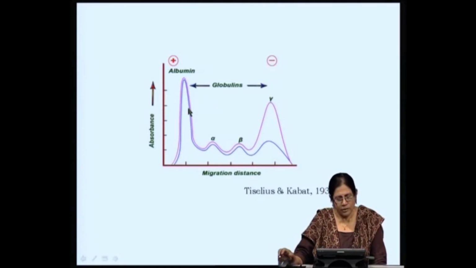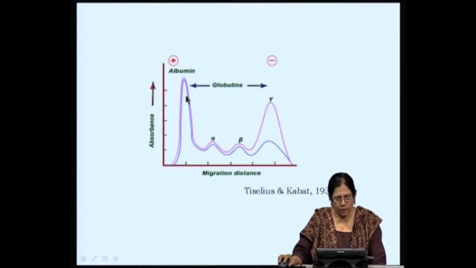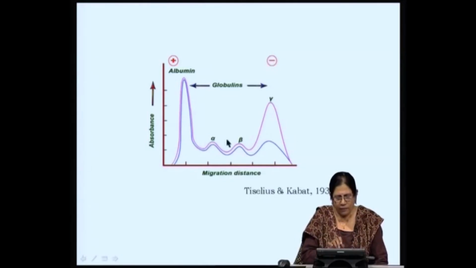When they electrophoresed the antiserum, as is known for serum from any individual, there are essentially two sets of proteins that one can identify: albumin and globulins. Globulins also could be separated, as can be seen on this graph, into alpha, beta and gamma.